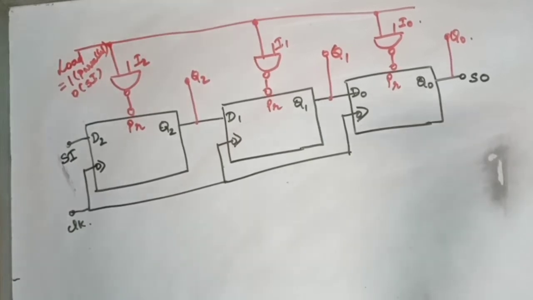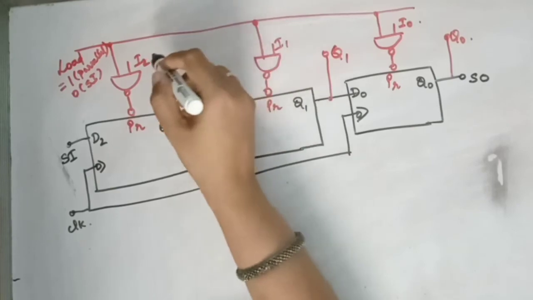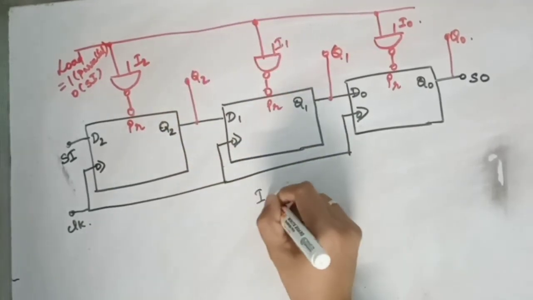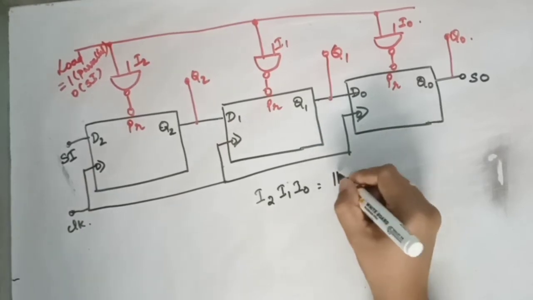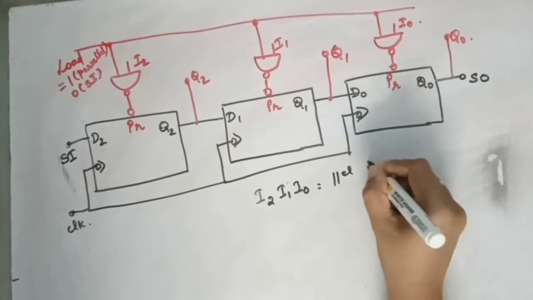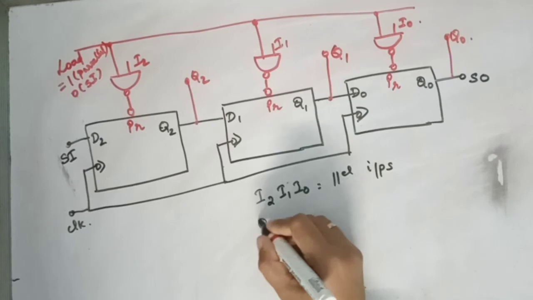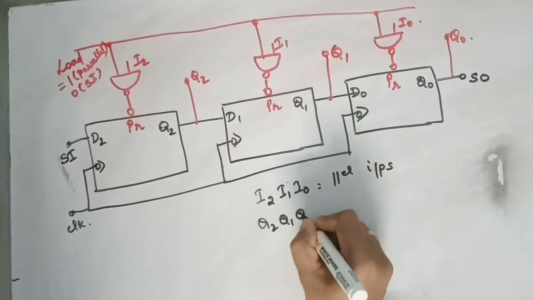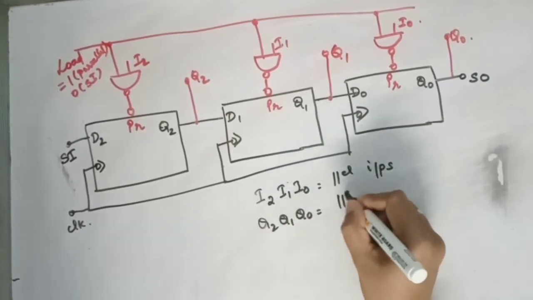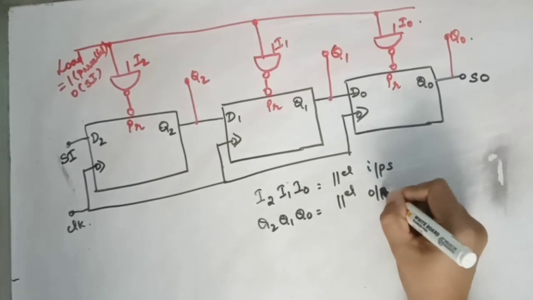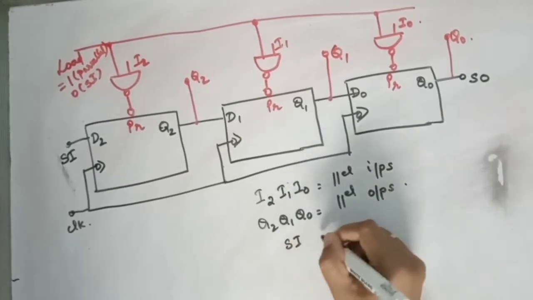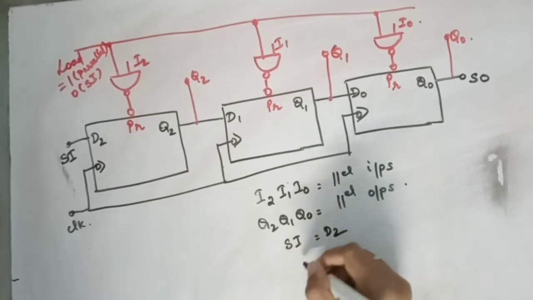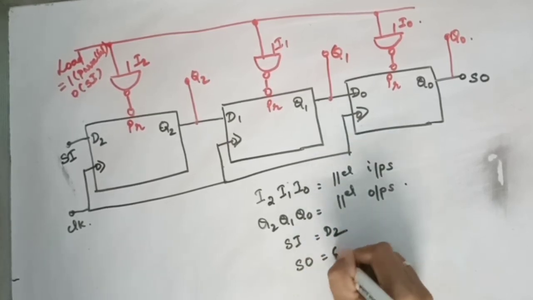I2, I1, I0 are the parallel inputs, Q2, Q1, Q0 are my parallel outputs. You apply the serial input to D2 and take the serial output from Q0.